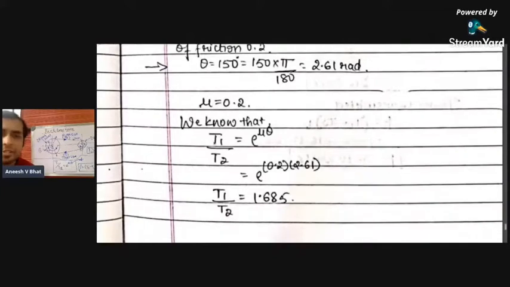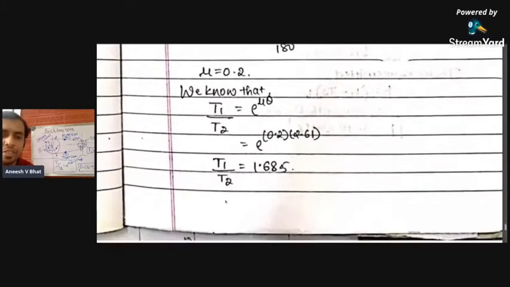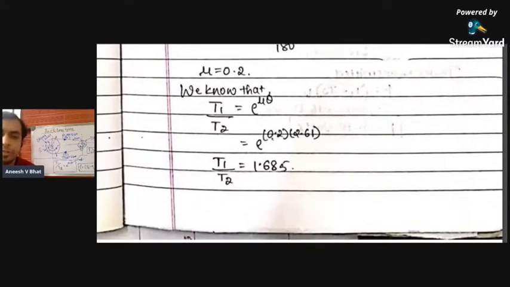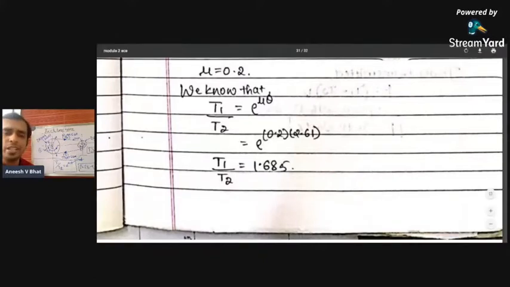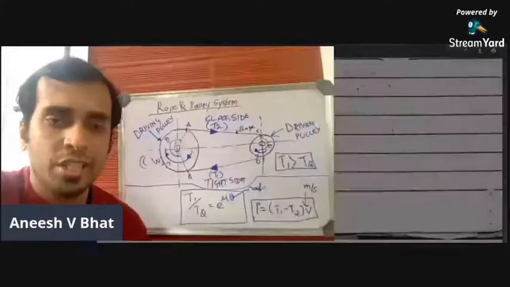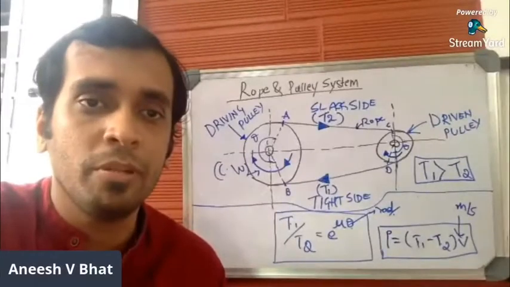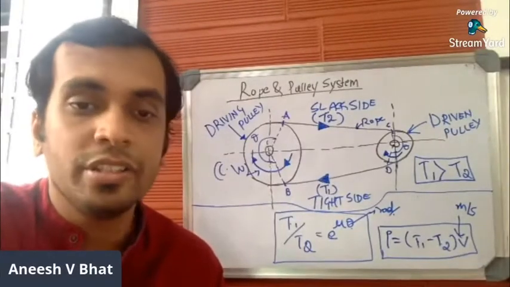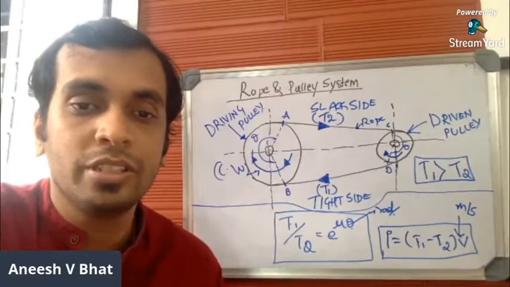We know that T1 by T2 is equal to e to the power mu theta. Substitute everything. T1 by T2 is equal to e to the power 0.2 into theta, where theta is 2.61 radians. So finally T1 by T2 is 1.685. As simple as that. A direct substitution problem this is. Hope the problem is clear. So this is the first problem. Let us go through the second problem.